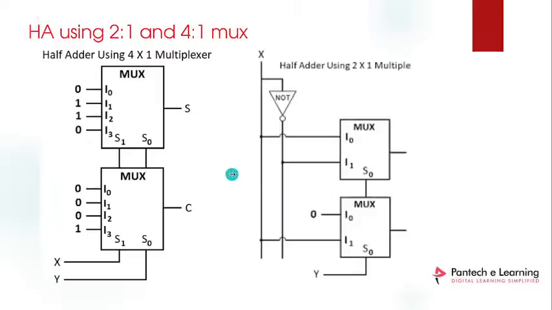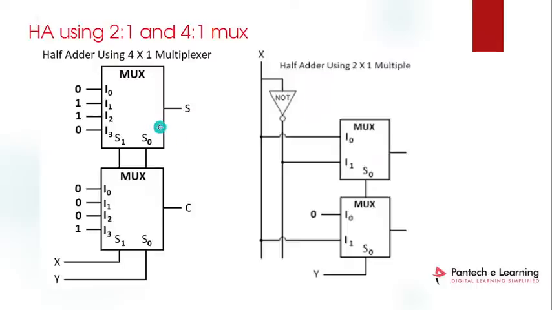And this is a circuit for the 4x1 mux using 2x1 muxes. Like we can achieve the half adder by using the mux also. It means we can attain the functionalities of the half adder by using the 2x1 mux and 4x1 mux.